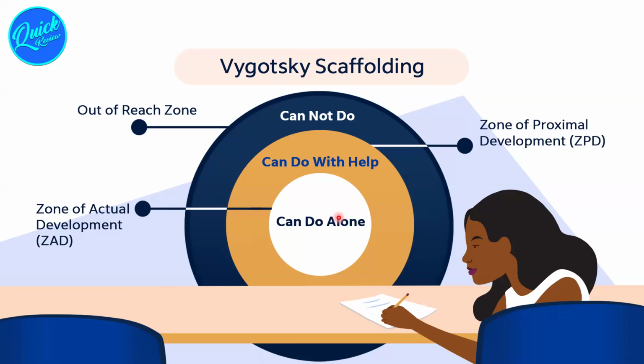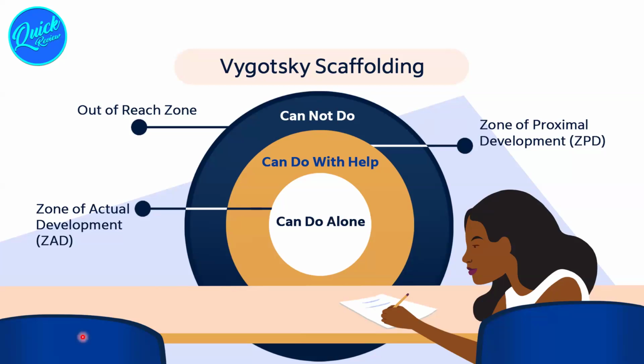Actually, Vygotsky did not agree with the concept of Jean Piaget of 4 stages of cognitive development. Vygotsky said that the development of our cognition happens with the help of others, like the support that we are getting from our culture or from the people we are surrounded by will develop our cognition in a better way.